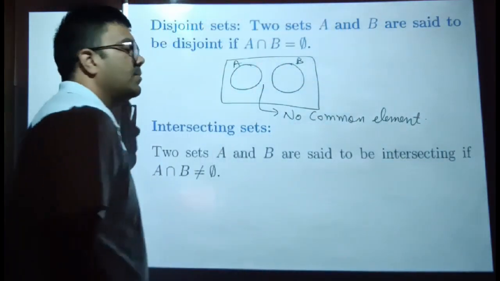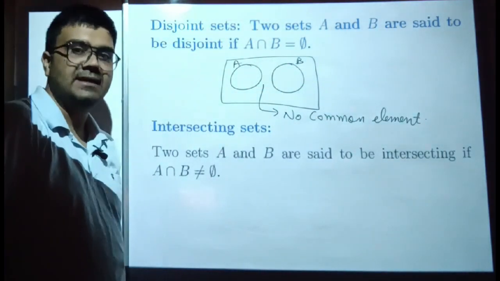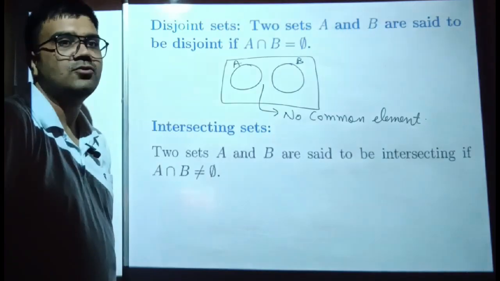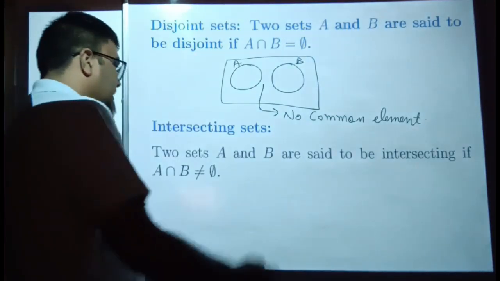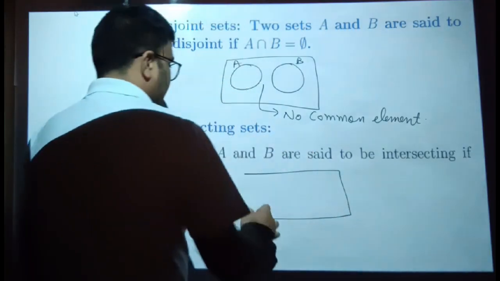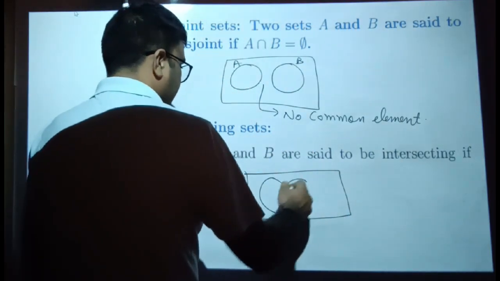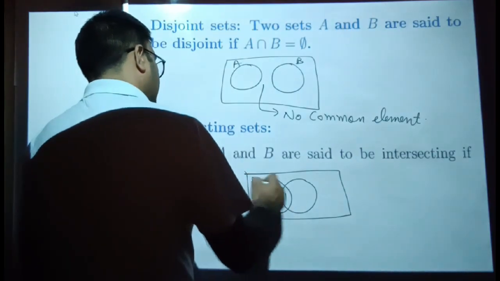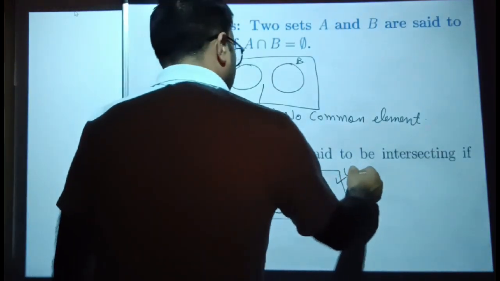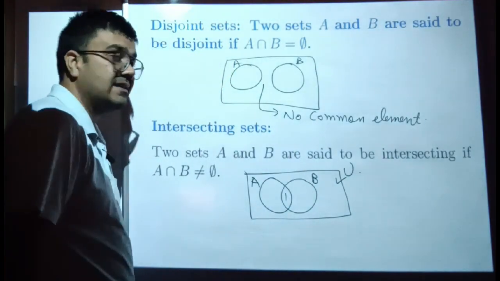If there is no common element between A and B, then we say that the two sets are disjoint sets. And if there is at least one element that is common between A and B, then we say that those two sets are intersecting sets.